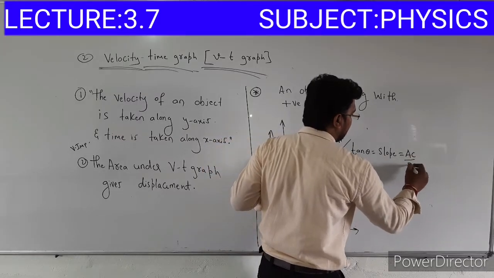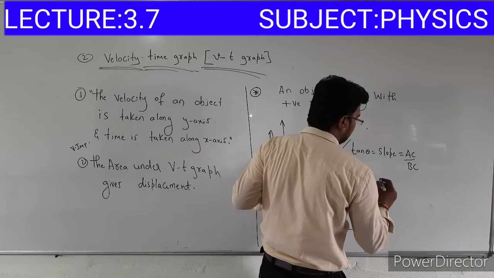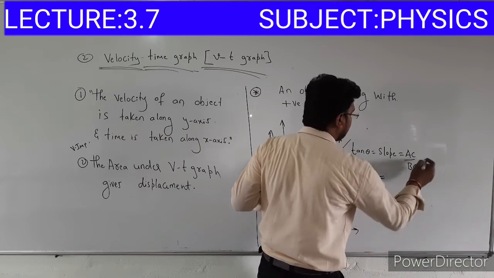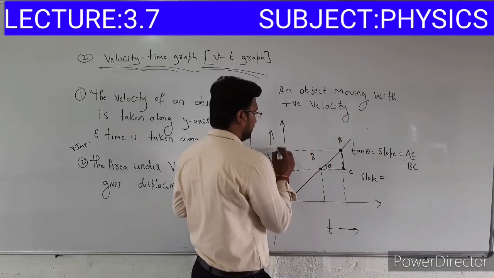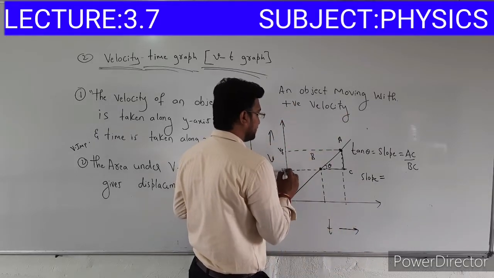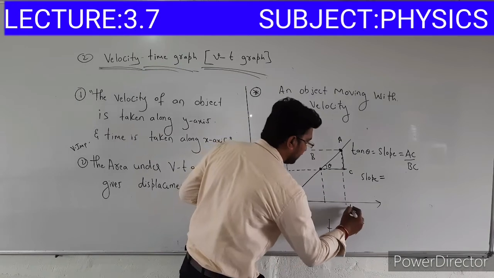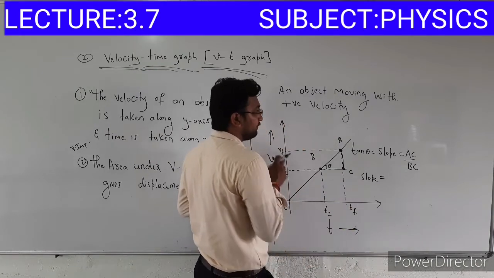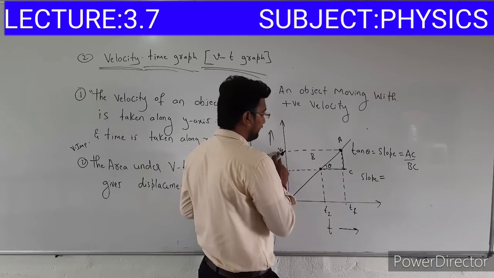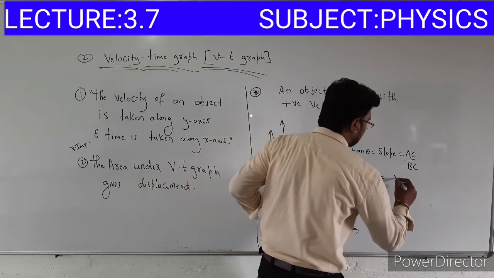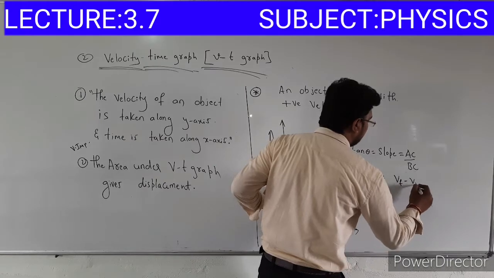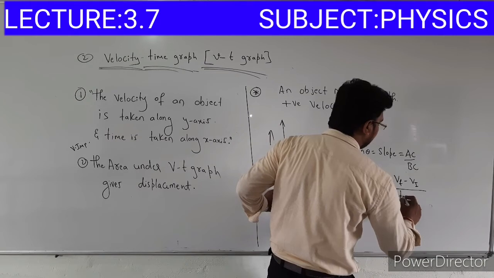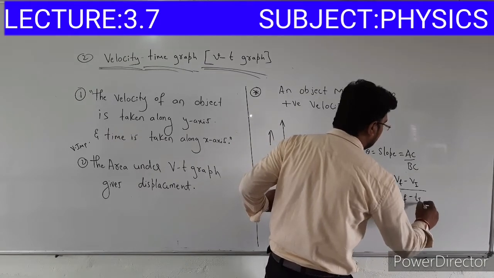AC is the final velocity minus the initial velocity, and BC is the change in time interval, that is TF minus TI.